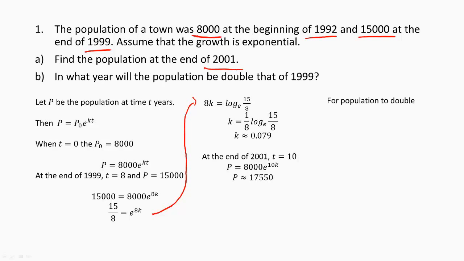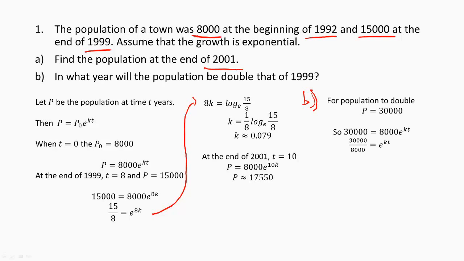Now here's part B. For the population to double, we're looking for the population to be equal to 30,000. So we're going to substitute that into our equation. We know what k is. We're trying to find t.